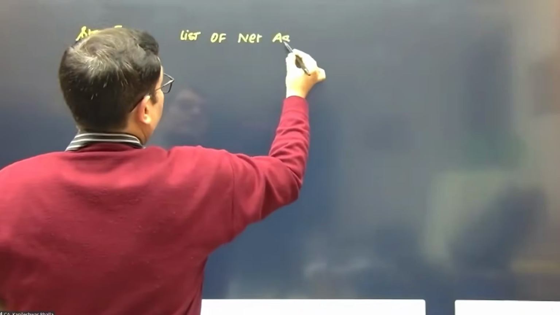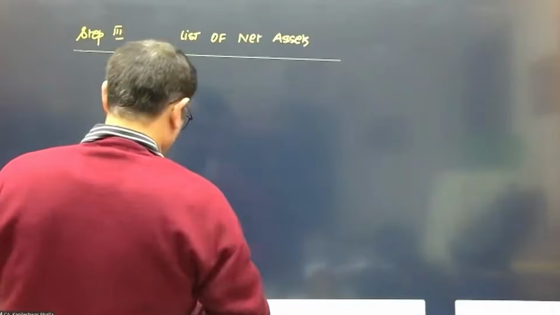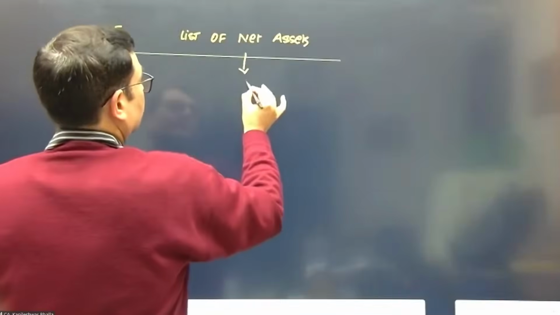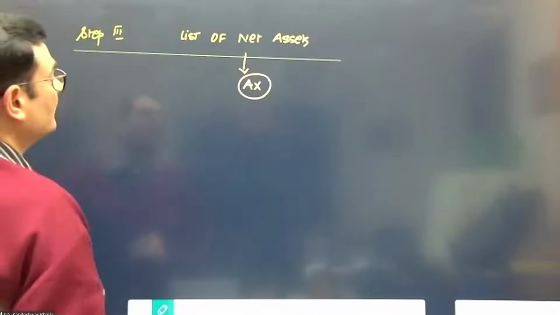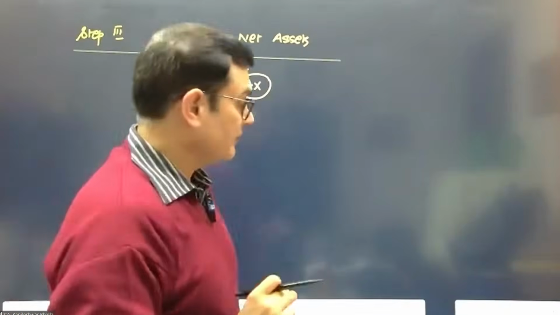Now, when you go to get the list of net assets, whose net assets will you organize? AX, BX, whose list of net assets will be organized? AX. That's right, because AX is the accounting equity. So we need to get the list of net assets for the accounting equity in this case.